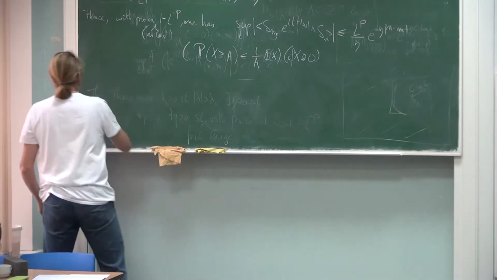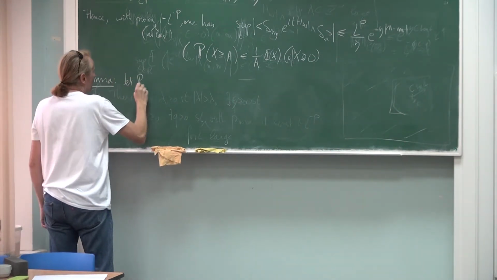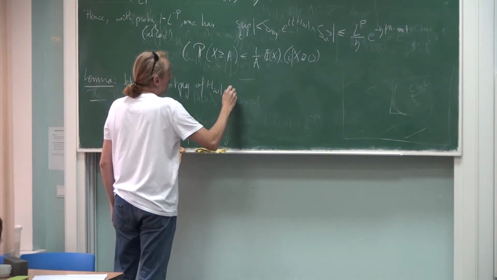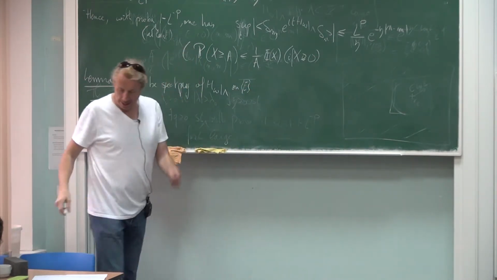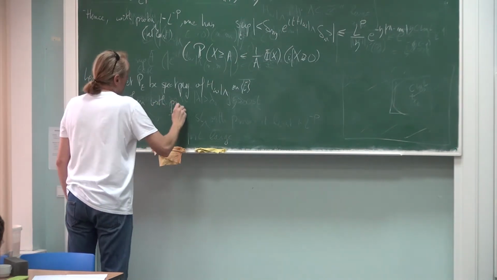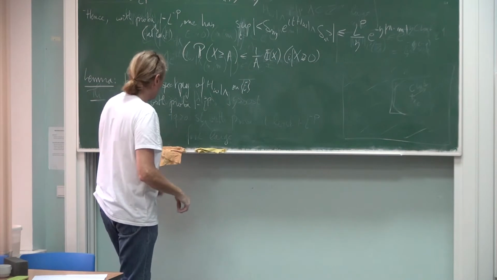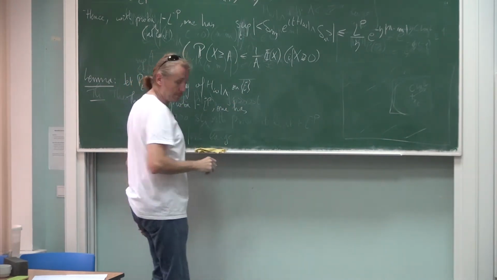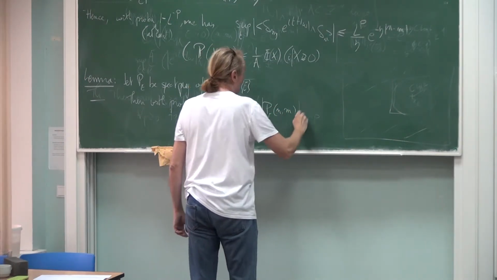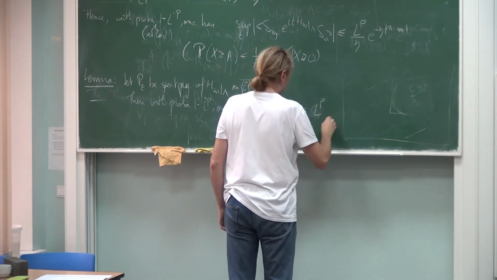So the second lemma: let P_E be the spectral projector of h omega lambda on the eigenvalue E. Then with probability 1 minus L to the minus P, for any P and L large enough, one has that the kernel of P_E is less than L to the P over eta.